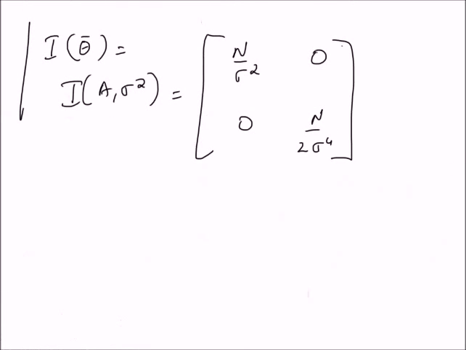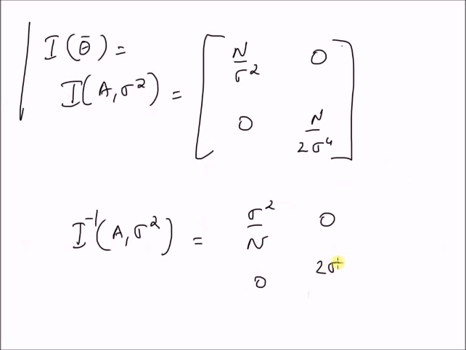Now we can easily invert this matrix since this is a diagonal matrix. So the inverse of the Fisher information matrix, I inverse of the parameters a and sigma square, is sigma square over n and 0 and 0 and 2 times sigma power 4 by n.